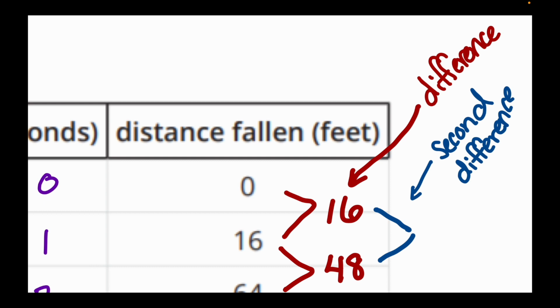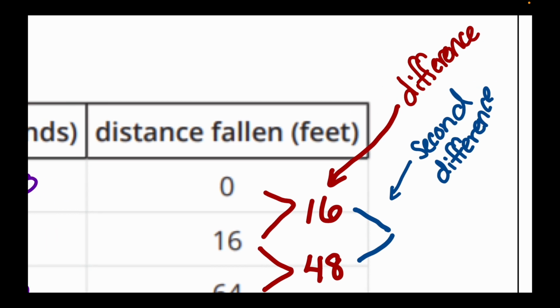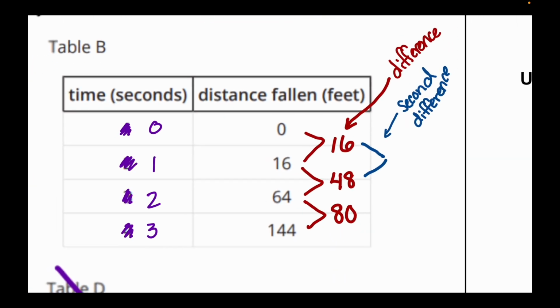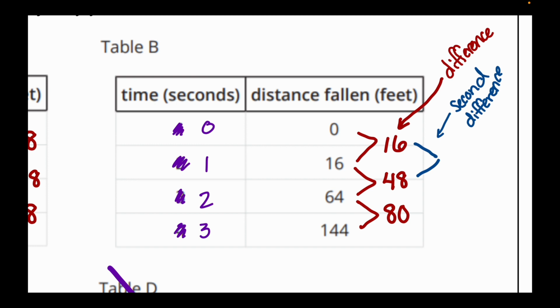Okay, running out of room on the edge of my paper here, so I'm trying not to write off the edge. All right, so 16 and 48. So let's do 48 minus 16. And for this one, you'll get 32. So now we're going to do 80 minus 48.